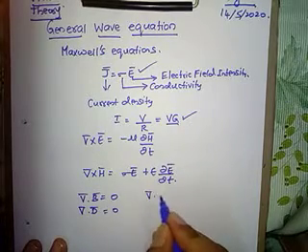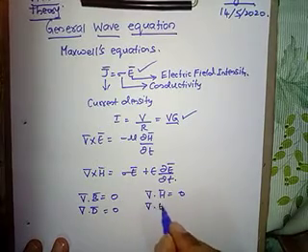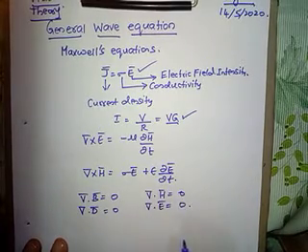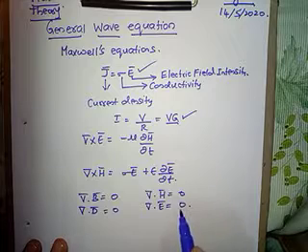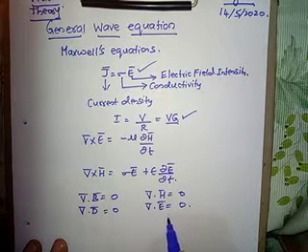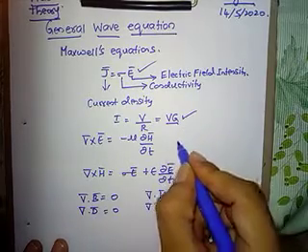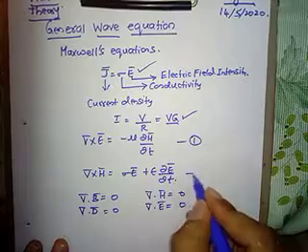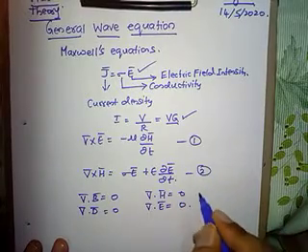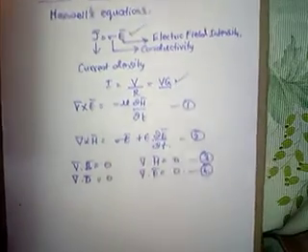Then del dot H bar is equal to 0 and del dot E bar is equal to 0. H bar is the magnetic field intensity and E bar is the electric field intensity. Let us number these equations as 1, 2, 3 and 4.